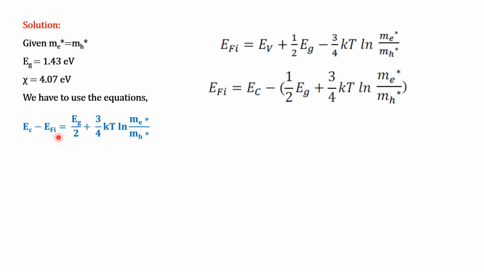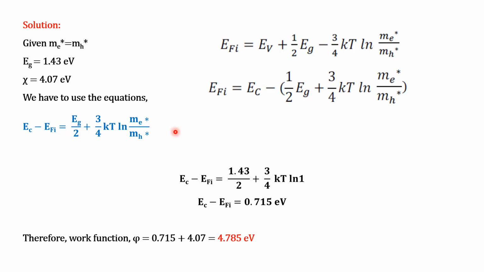Yeah, what about the others? Somebody unmuted. Please find out EC minus EFI. Is it the same answer you are getting? Yes, ma'am. So now the work function is 4.07 plus 0.715, which is 4.785. Yes, exactly. It is just calculation.